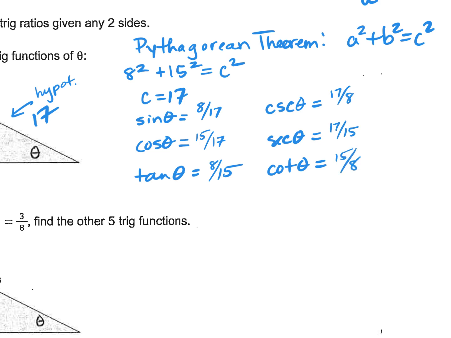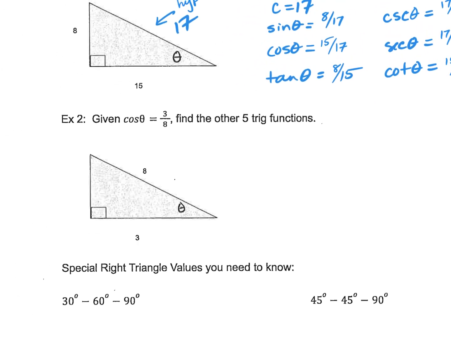How'd we do? Good. You can remember sine, cosine, tangent by SOHCAHTOA, and then just remember the other three, because if you get the first three, the next three are pretty good, as long as you can get that sine cosecant relationship.